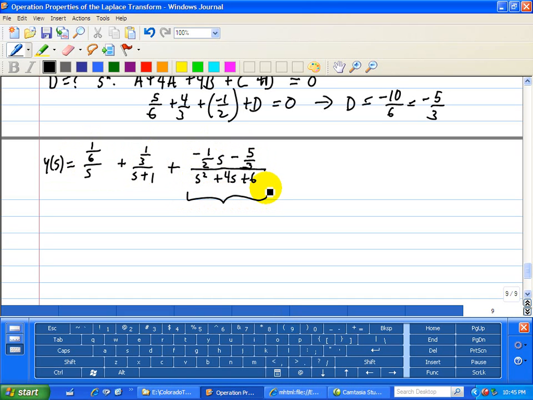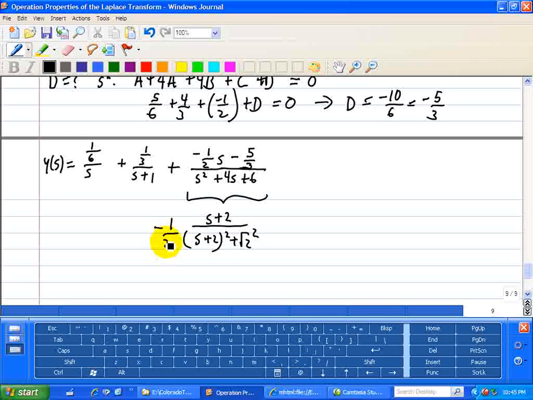In an example, we can do an expression where we separate it into the s term, so we can complete the square of the denominator as before, and so that's like s plus 2 over s plus 2 squared plus square root of 2 squared, multiplied by -1/2.